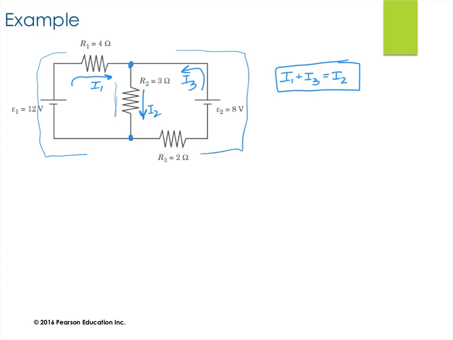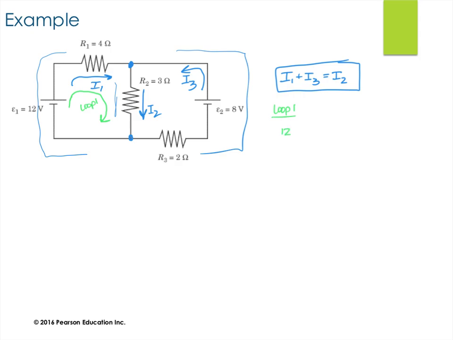And again, I don't spend a lot of time thinking about the loops, although I have a personal preference of liking to go through the battery from negative to positive, so that's a positive delta V. So this is loop 1. I'm going to start at the battery, and I'm going to have a positive potential difference of 12 volts.